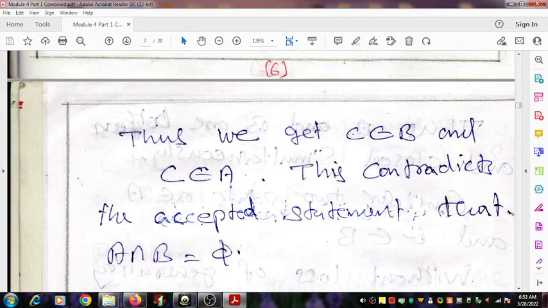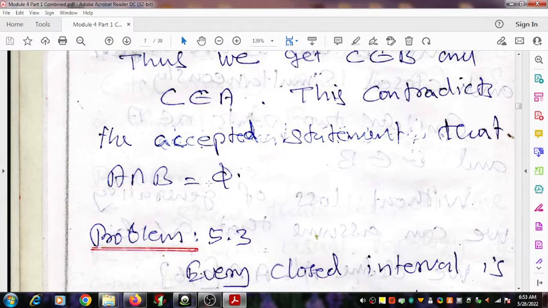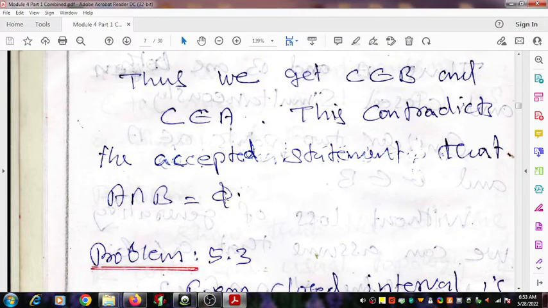And thus we finally get the contradiction. Therefore the real line R cannot be a disconnected space.